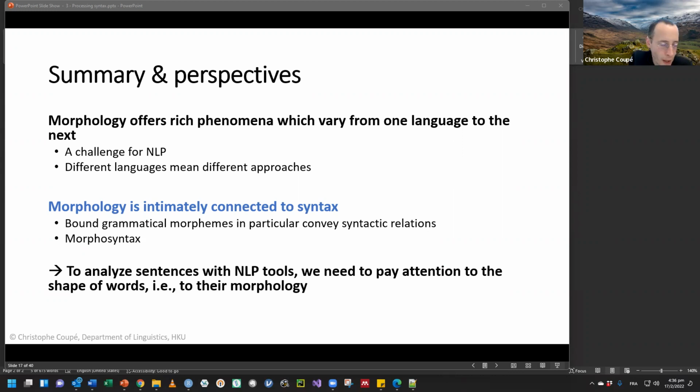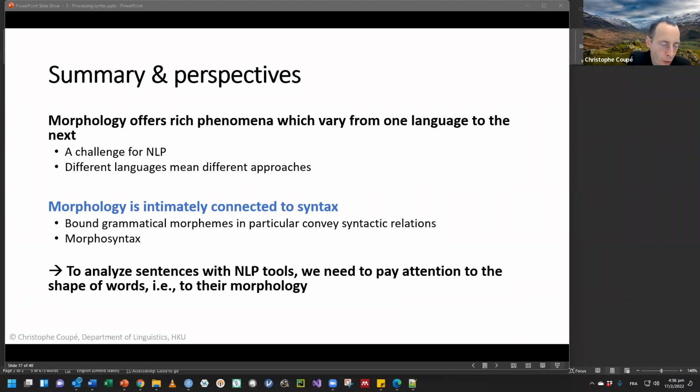That's why we sometimes put them together and say morphosyntax. This suggests something important. If you want to analyze sentences with NLP tools, whatever the system you use, you will need to pay attention to the shape of words.